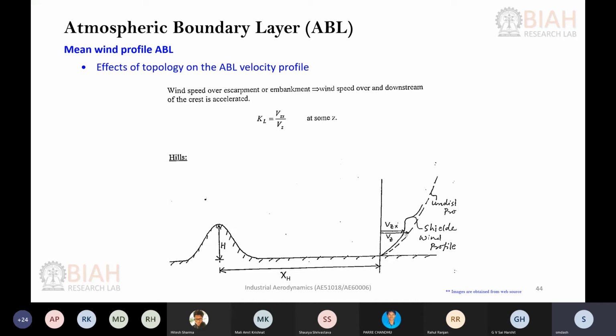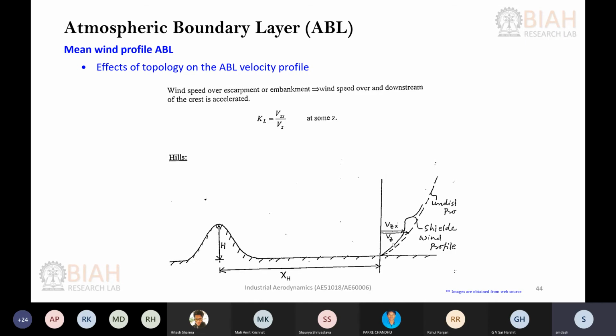Because of this hill area, your velocity values will be different from the original values that you expect under the undisturbed condition; due to the shielding effect, the velocity values will be smaller. And this shielding effect can prolong up to a certain height and a certain distance from the hill. It cannot prolong for infinite distance or infinite height.